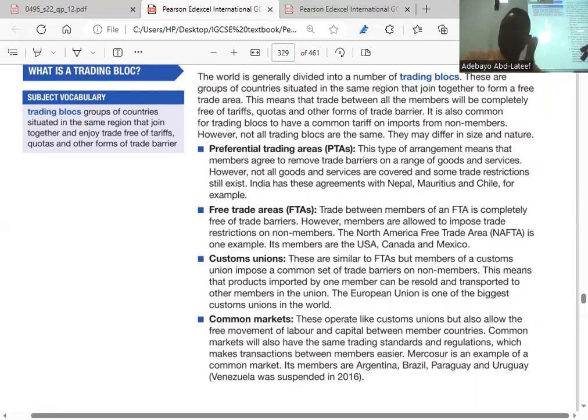This is on you to do or not to do. Do you get the point I'm making there? The trading blocks accept each other, fine, but each country has its own rules and laws that it can impose in terms of international trade, which is not involving other trading blocks.